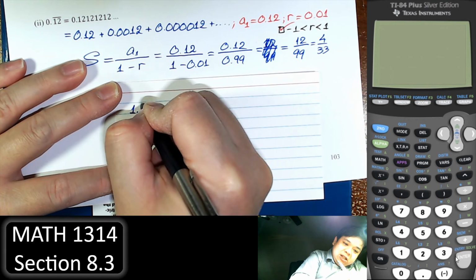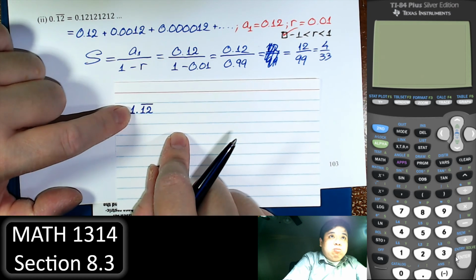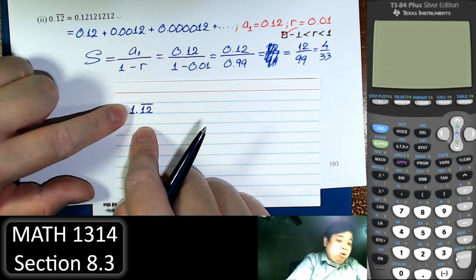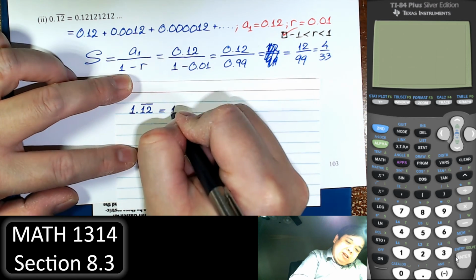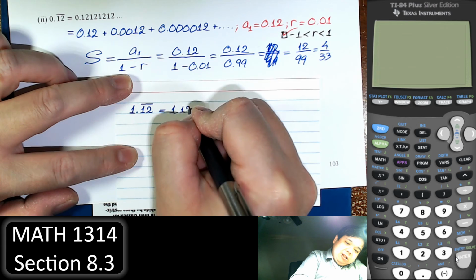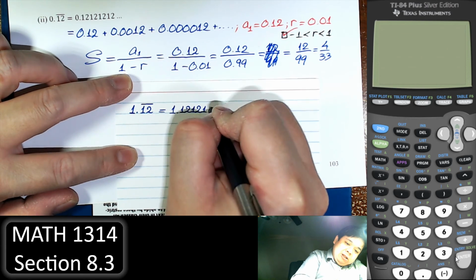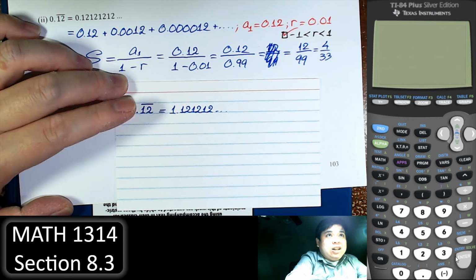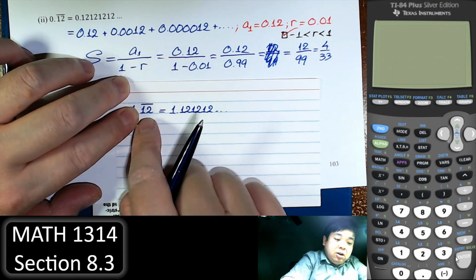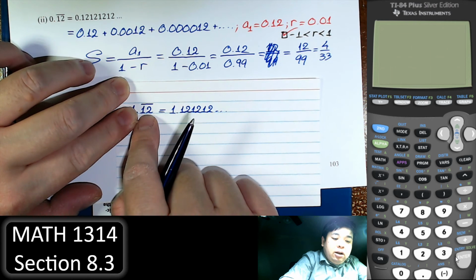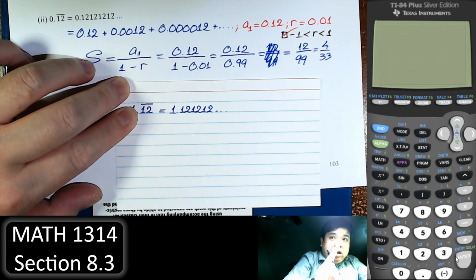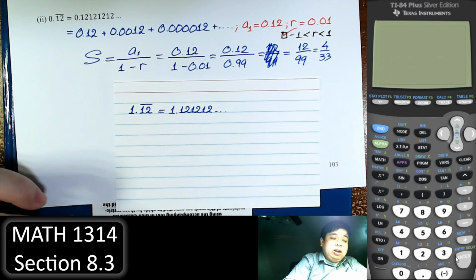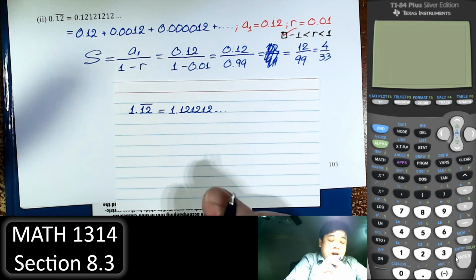The nice thing about this is we can do something like this. Remember, if there's a 1 in front, we cannot just say 12 divided by 99. It's not going to work. If we multiply by 10, you cannot do that. We have to multiply by 100, because there are 2 digits repeating, so we multiply by 1 followed by 2 zeros, which is 100. If 3 digits repeating, we multiply by 1000.